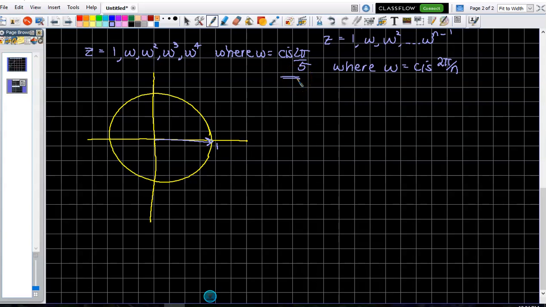Now, to be honest with you, what I do is I grab my calculator and I go, what's 360 divided by 5? Right, so what's that? 72 degrees. So I can now judge where that's going to be. Here's 90 up here, π on 2.